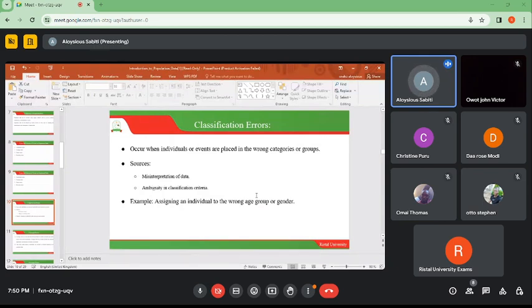Ambiguity means that sometimes you have a large sampling area, and therefore your sampling area may not be as clear as possible. For example, you want to sample men, but you write it as male, and therefore it starts from the age of zero to about the age of infinity, or about 100 and something.